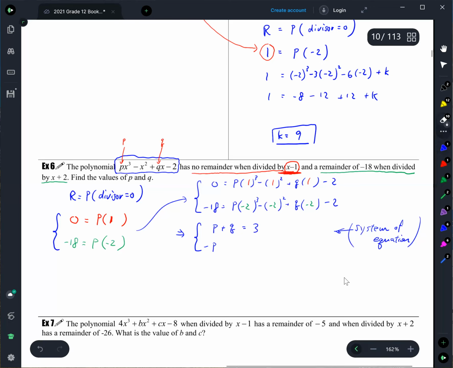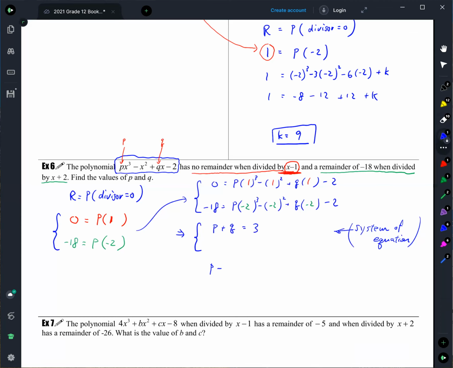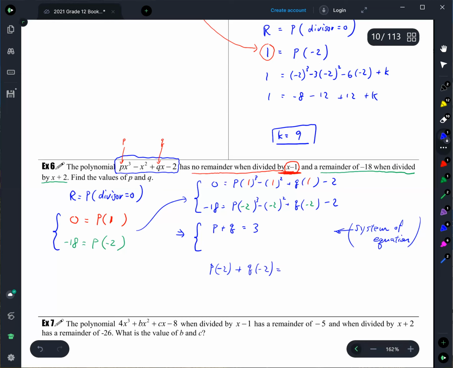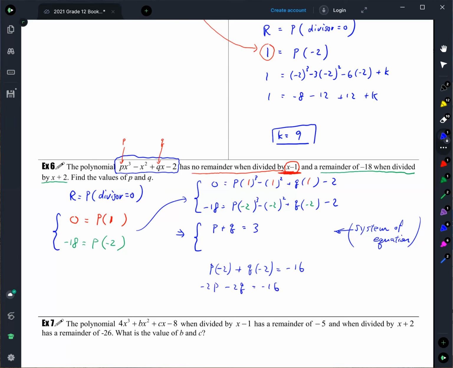Hold on, let me write it again. You said p times negative 2 plus q times negative 2 is equal to negative 16. Okay. So usually we put a coefficient in front. So it'll be negative 2p minus 2q equals negative 16.